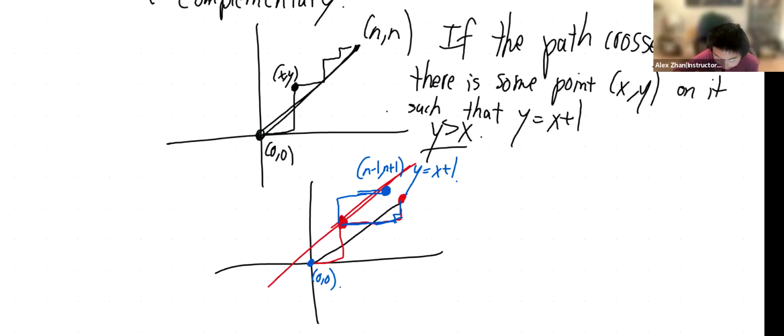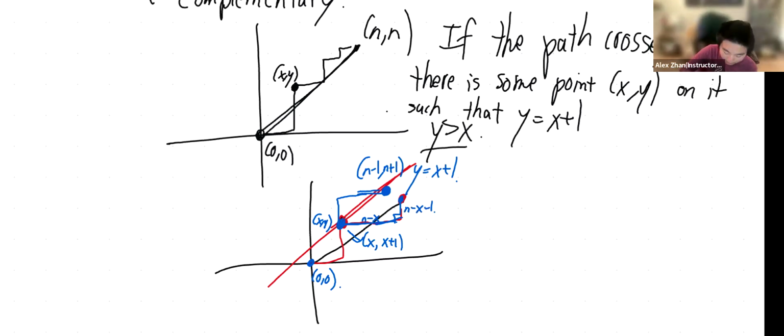Does everyone understand? If this point is (x,y), and y is equal to x plus 1, we could label this point as (x, x+1). Then when we go from there to the point (n,n), we would be moving n minus x steps to the right and n minus x minus 1 steps up.